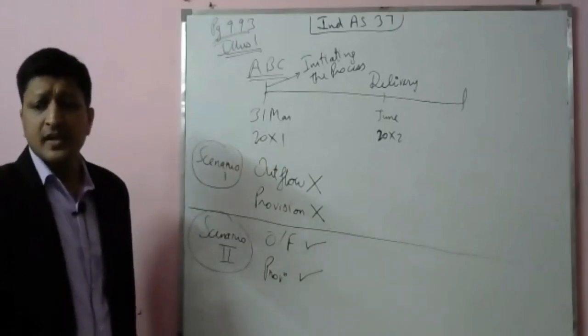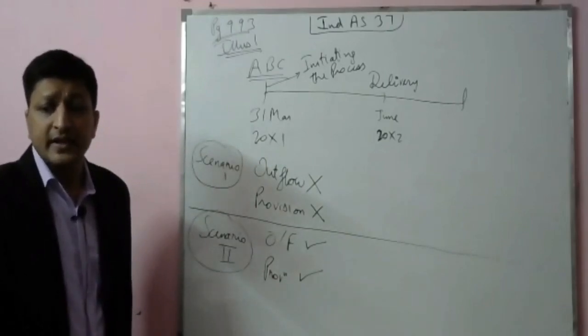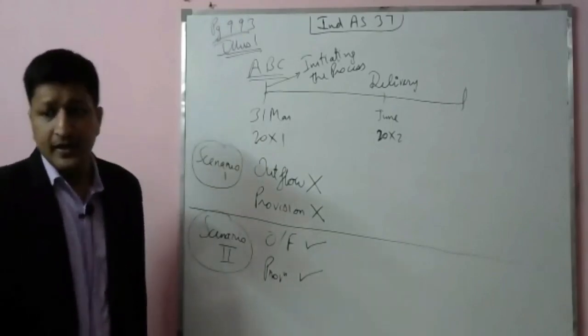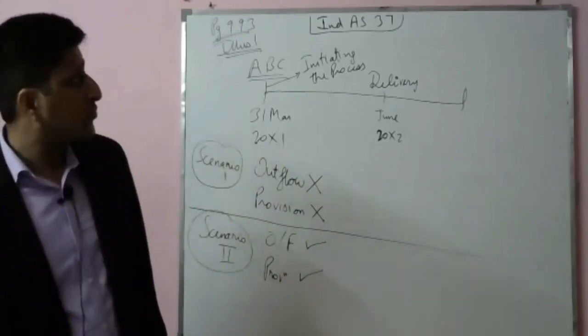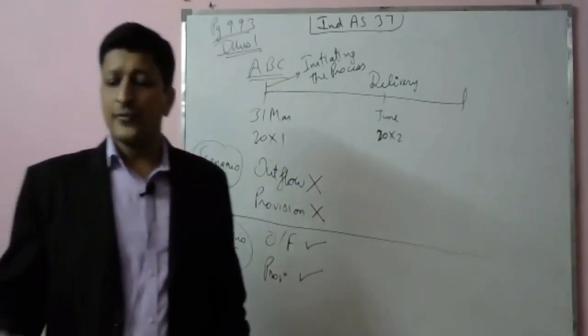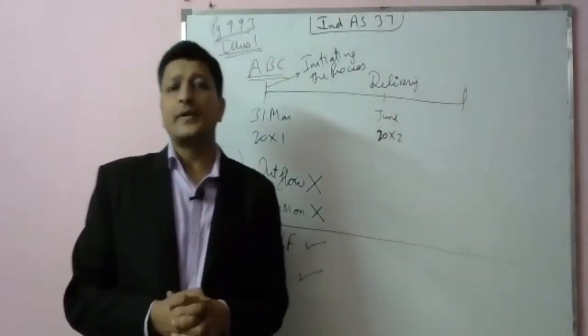Pranav is asking, sir, can we say that if uncertainty is involved in a liability, then provision should be created? Yes, of course. So I'll just repeat for all of you because I can see this query coming up repeatedly.